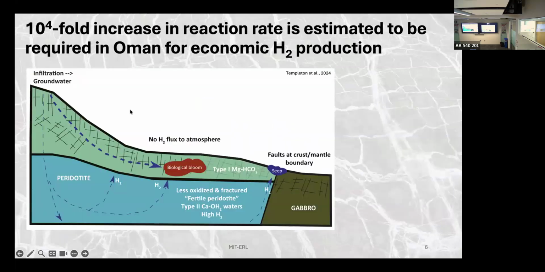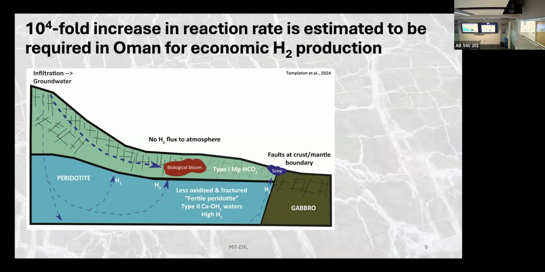Using this number, a recent paper by Alexis Templeton, a famous geobiologist, came up with a 10 to the 4th fold increase in reaction rate, which is required to make hydrogen production in Oman economic. This basically means you have to dramatically increase the reaction rate by fracturing the rock and circulating water, potentially containing catalysts, through the fractures to increase the hydrogen production.